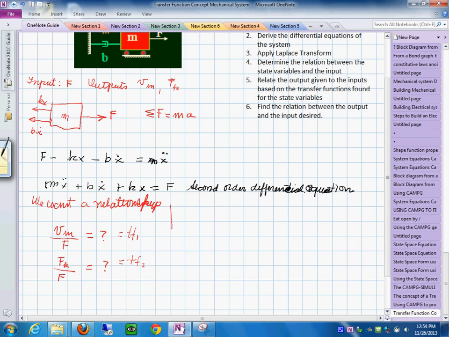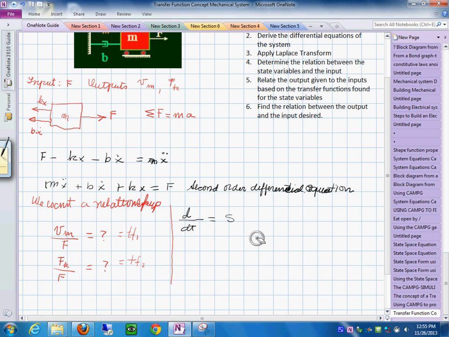So how do we actually get started on this? We need to understand the Laplace operator that says clearly that d/dt of any function is equal to s. Now d/dt is s, excuse me. That's the whole thing.